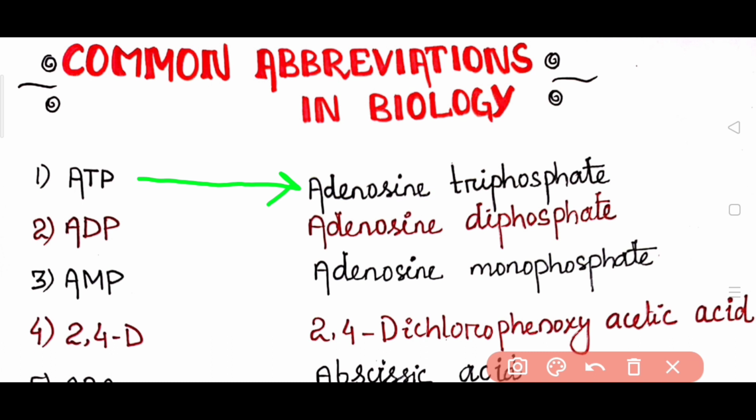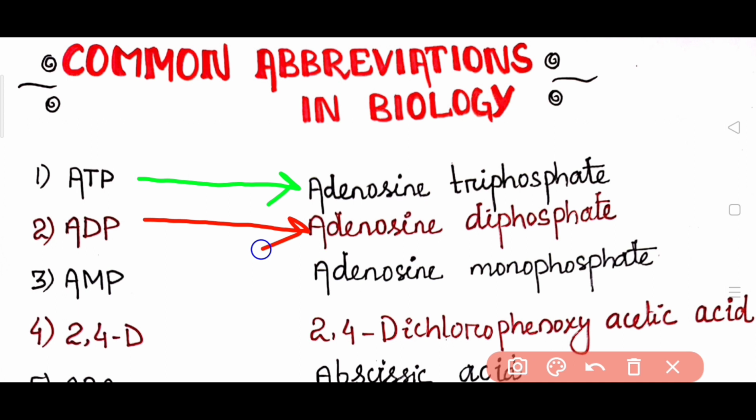Then ADP. The full form of ADP is adenosine diphosphate. We already knew that the ATP has 3 phosphate molecules. Adenosine triphosphate means 3 phosphate molecules.